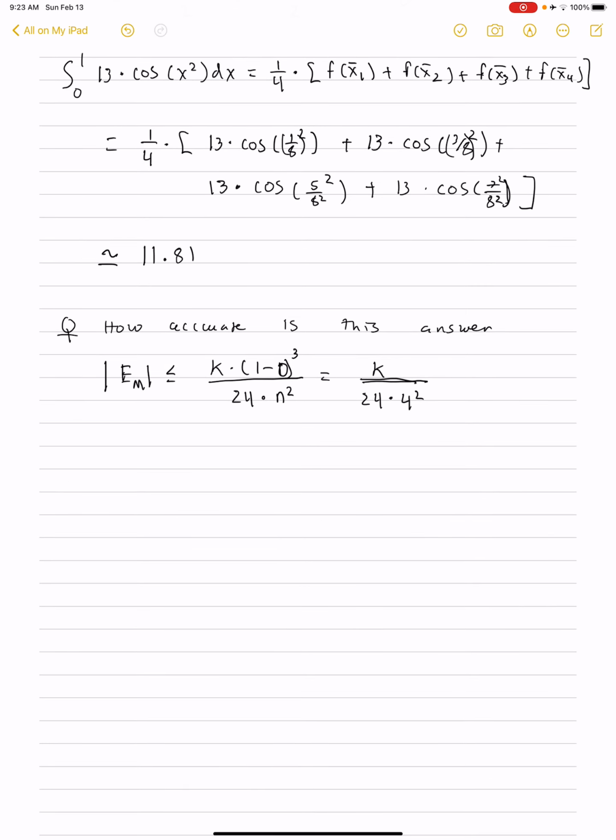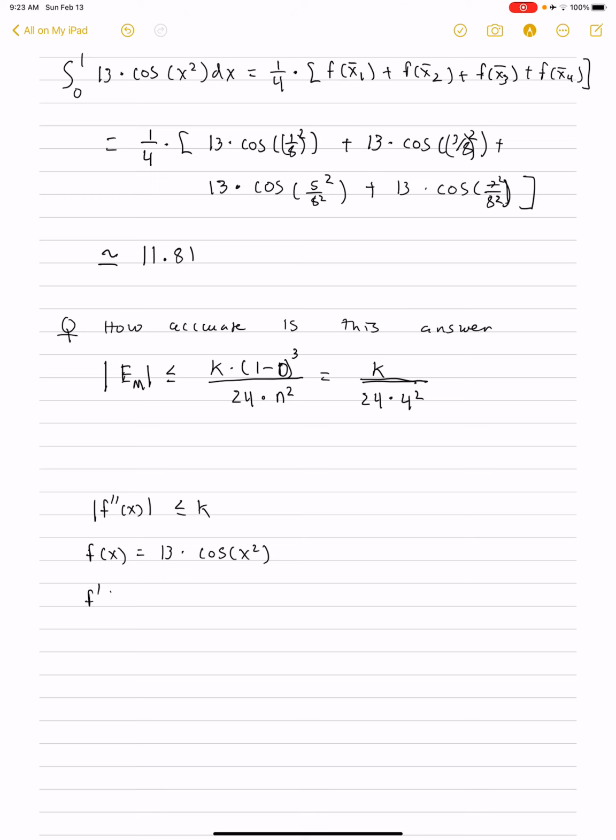So we know that the absolute value of f double prime of x, the second derivative, is less than or equal to this value of k. Any value of k that satisfies this inequality is going to be sufficient. We know f of x is 13 times cosine of x squared.